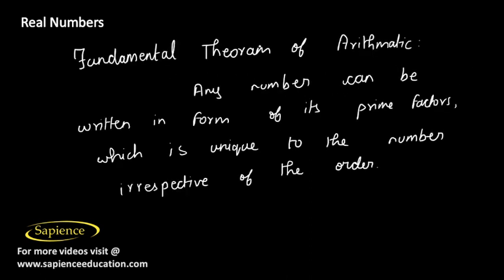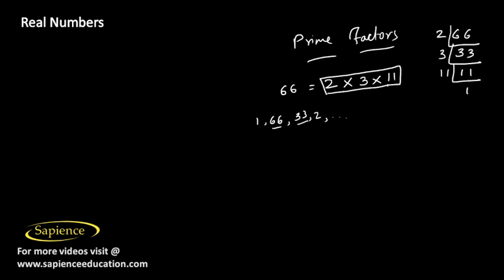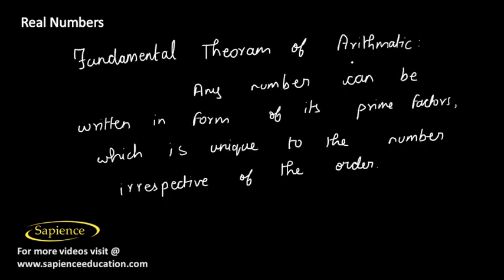Now the fundamental theorem of arithmetic says that if we do not consider the order in which the prime factors are written, then this set of numbers is unique to 66. 2 into 3 into 11 represents only 66 and no other number. That's what this theorem is stating.